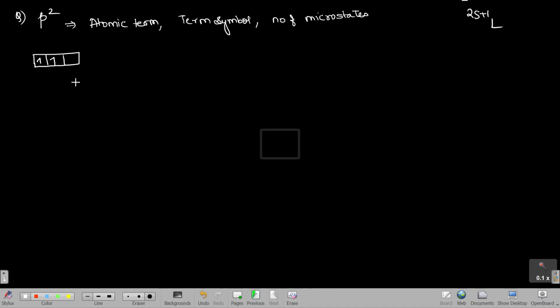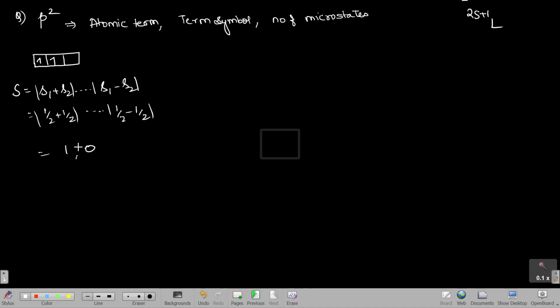L, right? So what we need to do first is we need to find out the S value. So basically the S value is S1 plus S2 up till S1 minus S2, right? So here both the electrons are plus half. So half plus half, you go up till half minus half. So half plus half is 1, half minus half is 0.